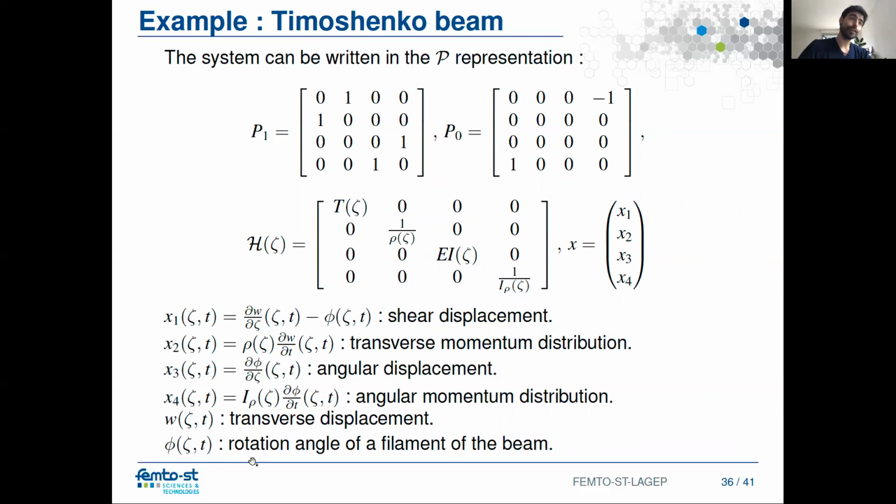What are not state variables are the transversal displacement and rotation angle of the filament. And we're considering that we can measure these variables. They are not energy variables, but we can measure them, and we can also design an observer for this system.